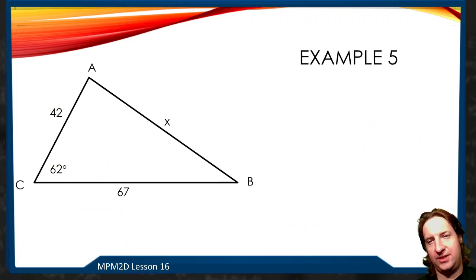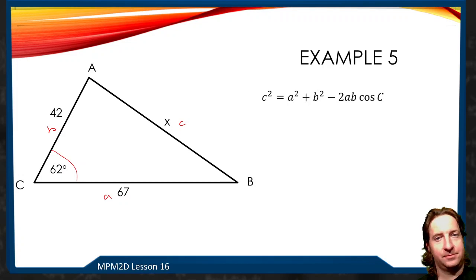So here I have an angle 62, C, and then I know length B, and I know length A, and that's containing angle C. I don't know side length C. So how do I solve this? Let's write out the cosine law with C, because that's my unknown. So C squared is going to be equal to A squared plus B squared.